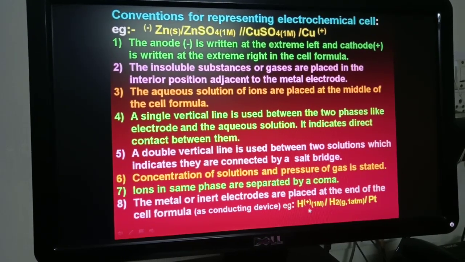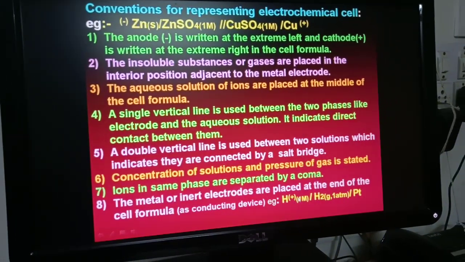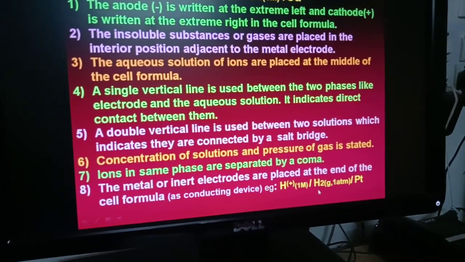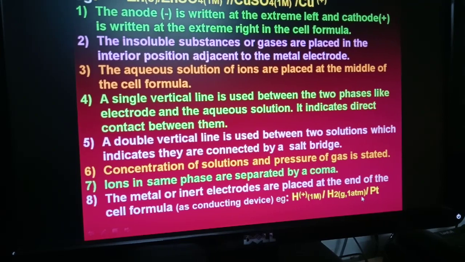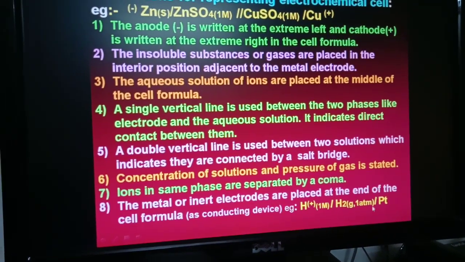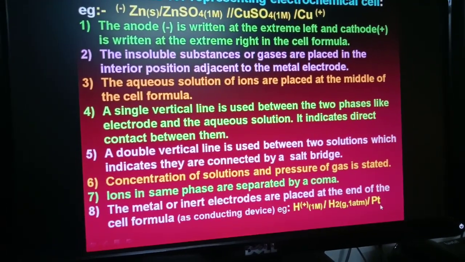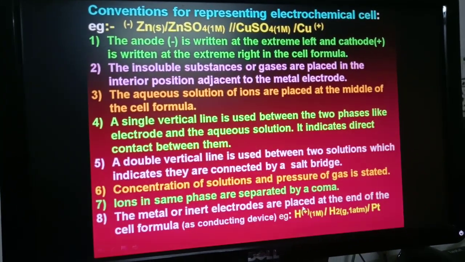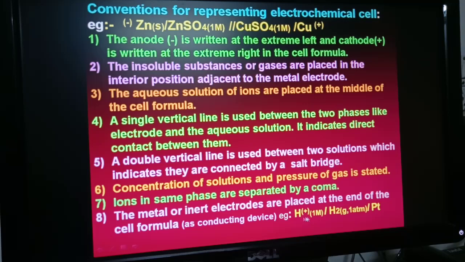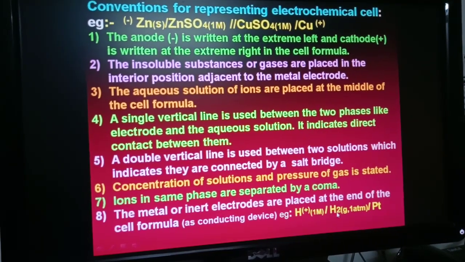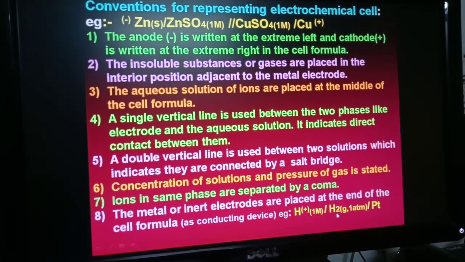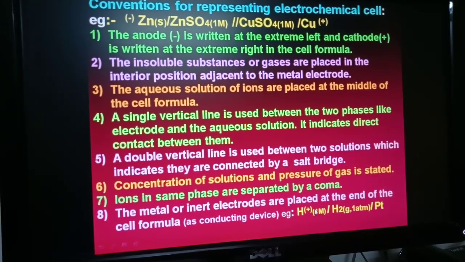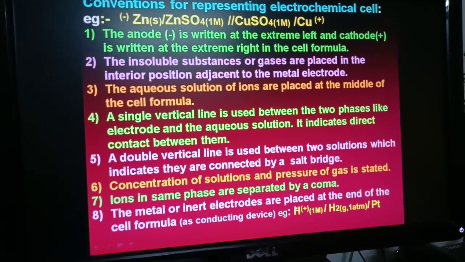To read this cell formula, H+ ions of 1 molar are in direct contact with H2 gas whose pressure is 1 atmosphere, which is in direct contact with platinum. Now, H+ ions of 1 molar means hydrogen gas will be bubbled into HCl solution.